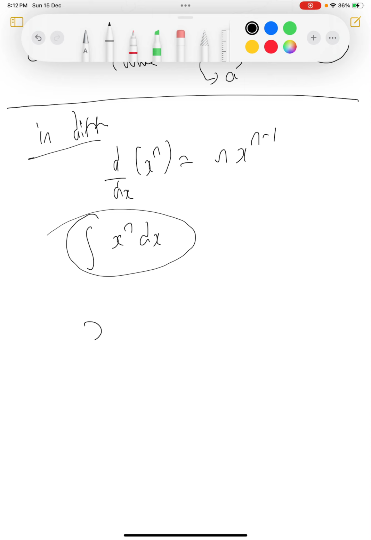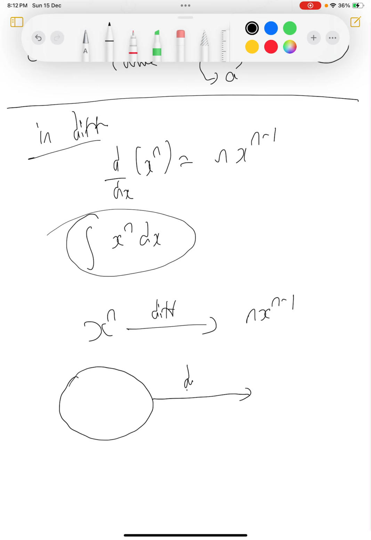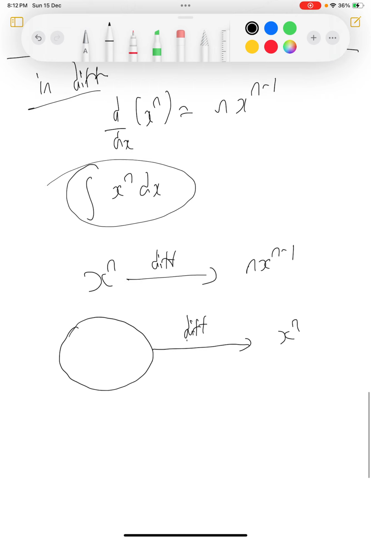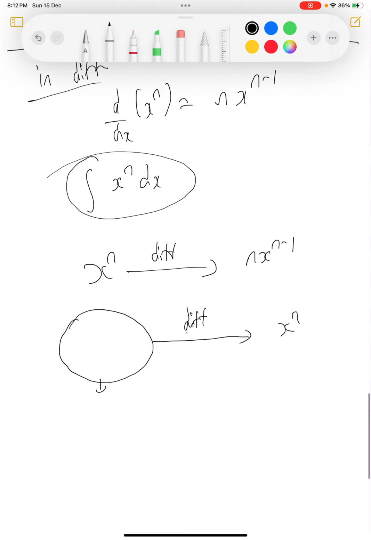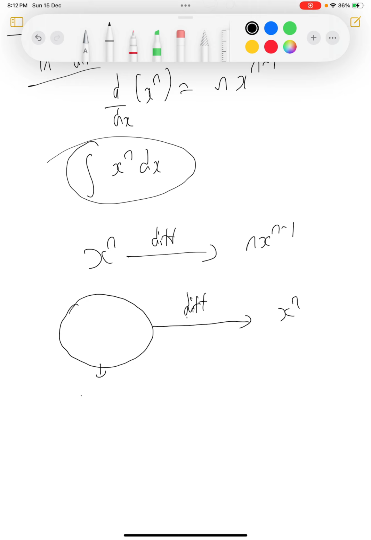We know the derivative of x raised to power n is n x raised to n minus 1. Now I want to find a function such that if I differentiate it, I will get x raised to power n. Then this function will be called the integration of x to the n.